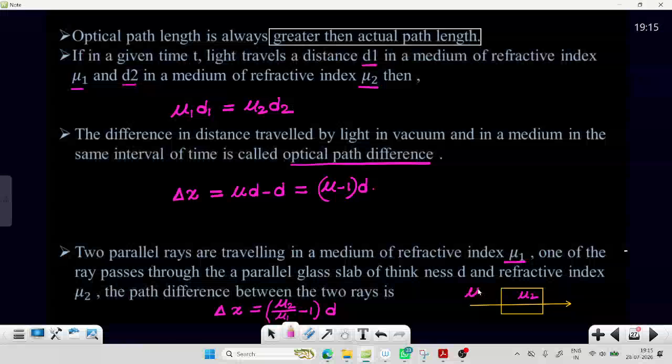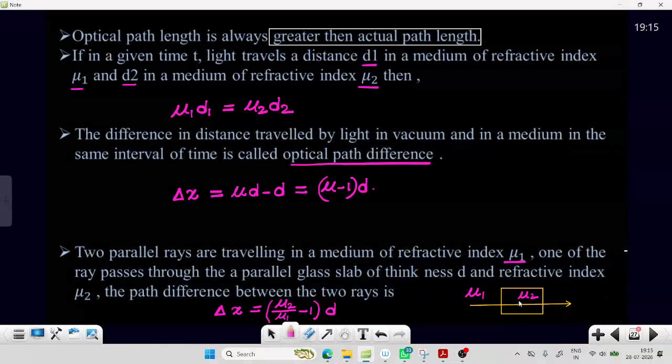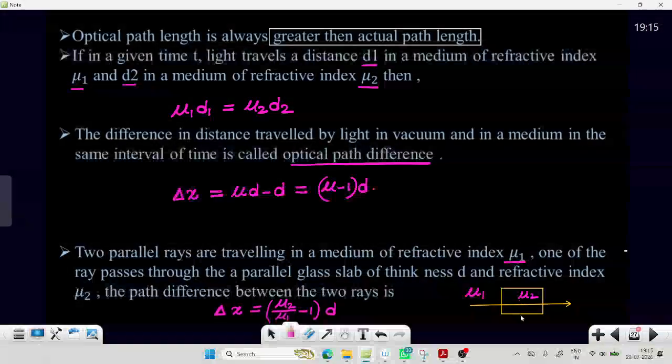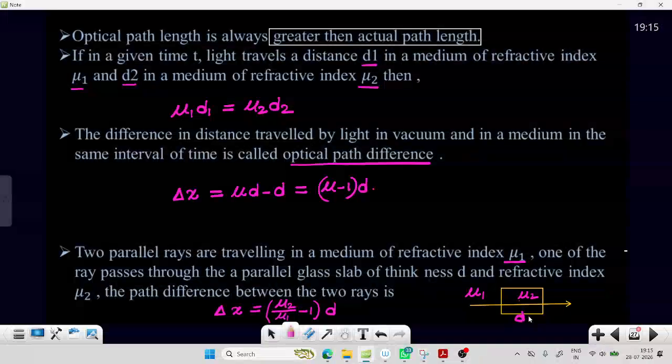In this case, delta x is equal to mu2 by mu1 minus 1 into d, where d is the actual distance.